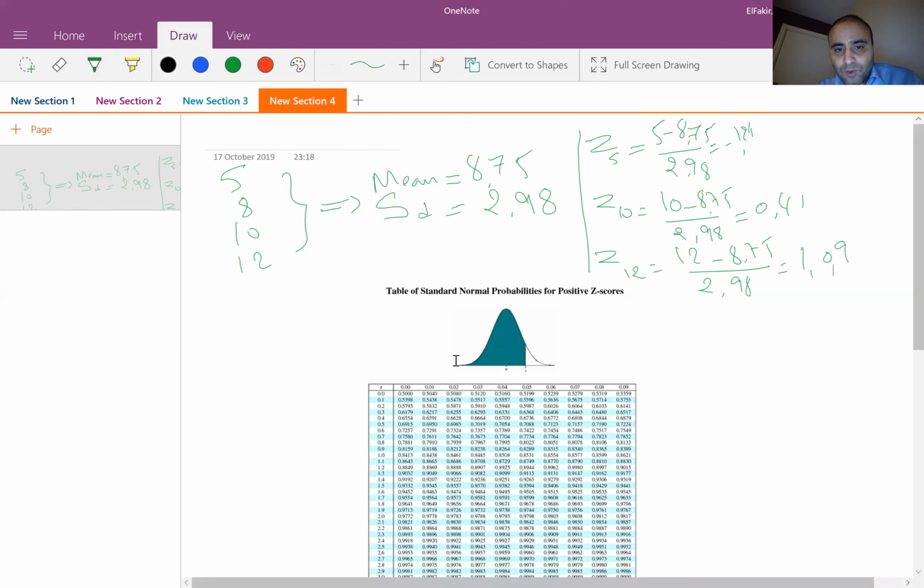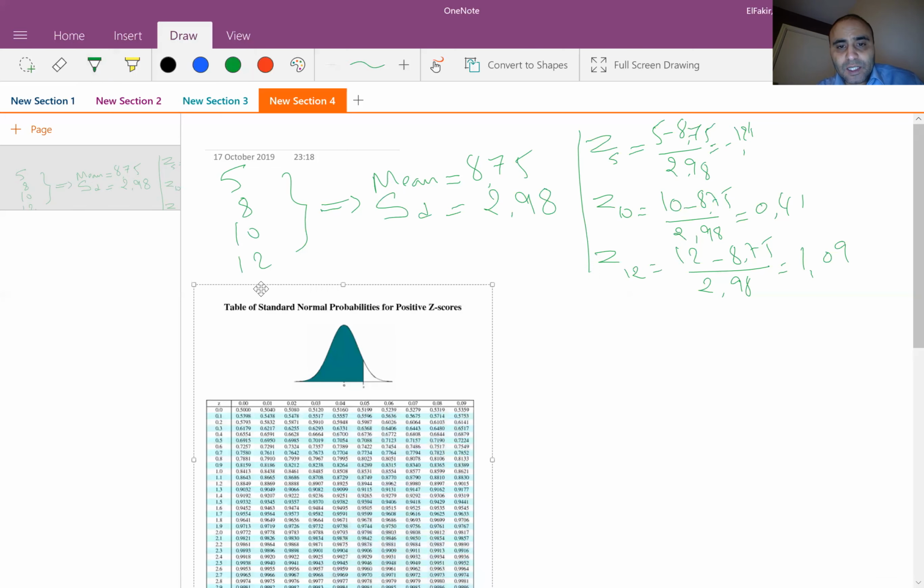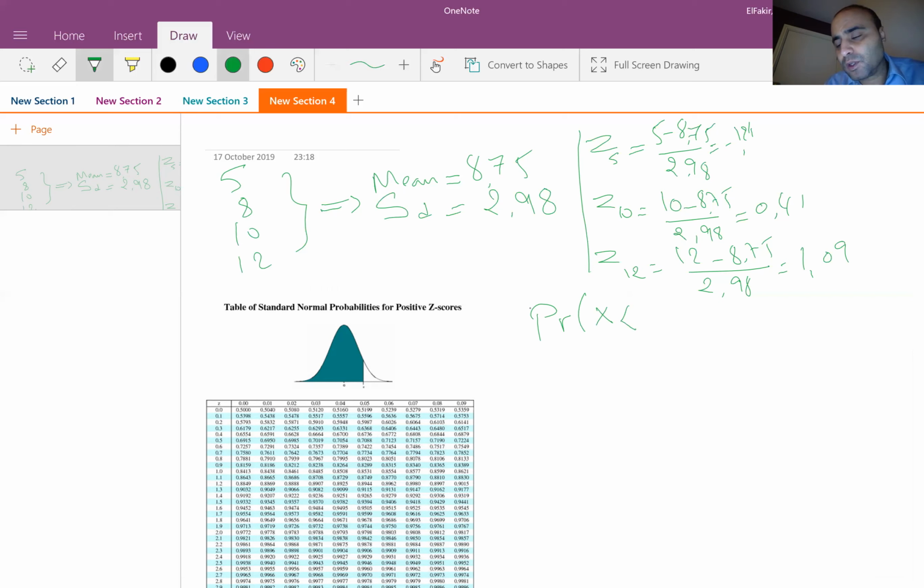Right, so now if we have the following example, we would like to calculate the probability that an observation X will be below 10.